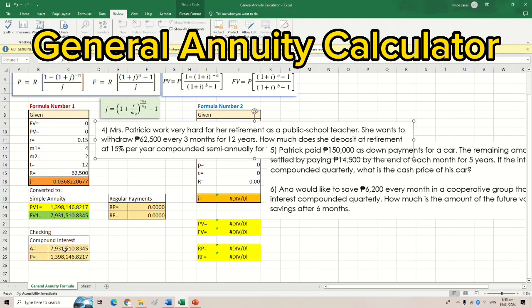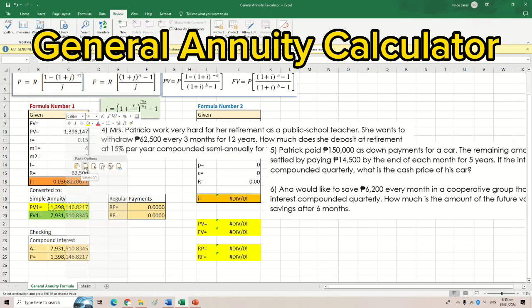Okay, now let's copy this one, the present value, and paste it here to check if our answer is correct, to check if we get the regular payments correctly. When you paste it, make sure you go to this 1, 2, 3 option so that you paste only the value. And what we have here in the regular payments is 62,500, so we go back to the original value.